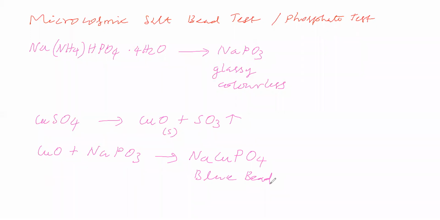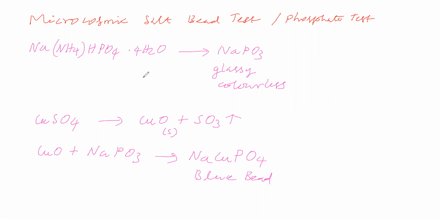Now this test is called the microcosmic salt bead test. In this test, we take microcosmic salt and introduce it into the oxidizing flame. It melts, then solidifies as a solid, that is NaPO3. This NaPO3 is colorless with a glassy appearance. Then this NaPO3 is allowed to touch the given salt.